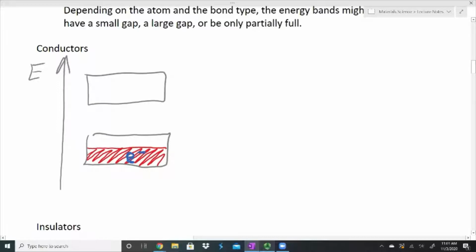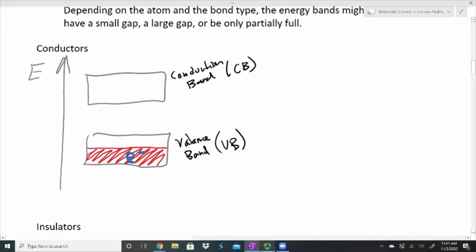What I'm going to do is I'm going to call these my valence band. That's my bottom one here. And instead of writing valence band over and over, I'm just going to write VB. And the top one is my conduction band, which I'm going to call CB.